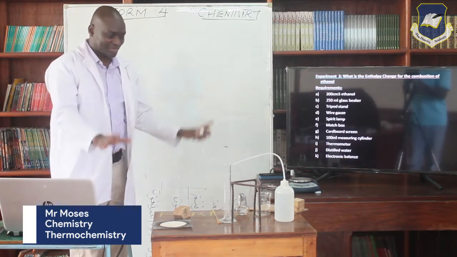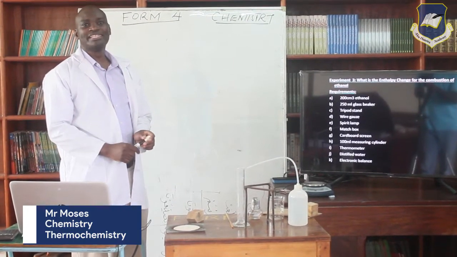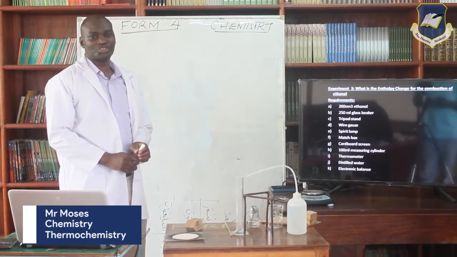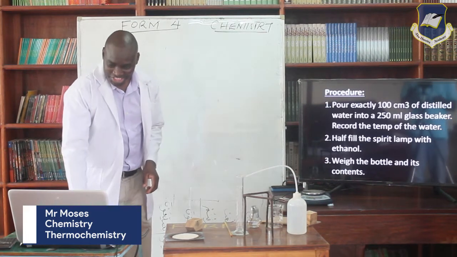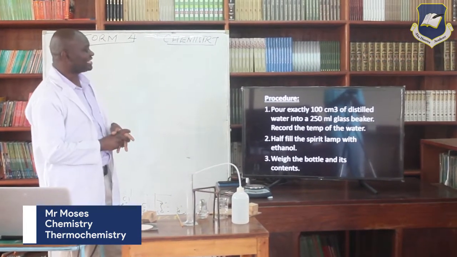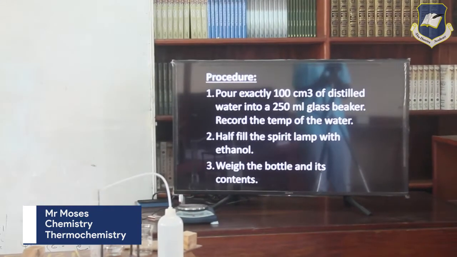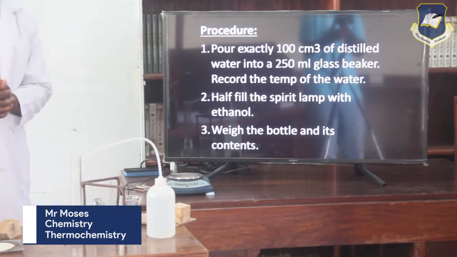Now, those are the things that we are going to use in our study today to determine the enthalpy of combustion of ethanol. Our first procedure is to pour exactly 100 cm³ of distilled water into a 250 ml glass beaker.